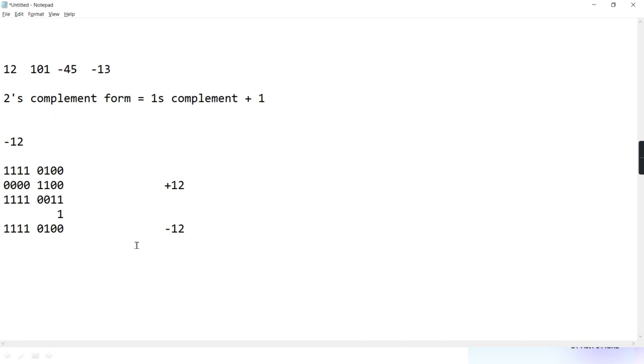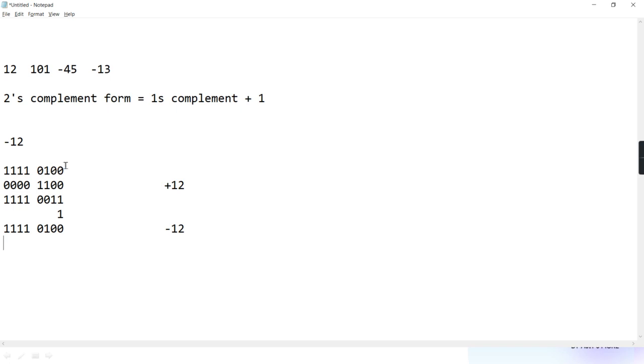Instead, what you'll do? Can anyone tell me? We'll keep the least significant bit as it is and change the remaining bits up to getting 1.